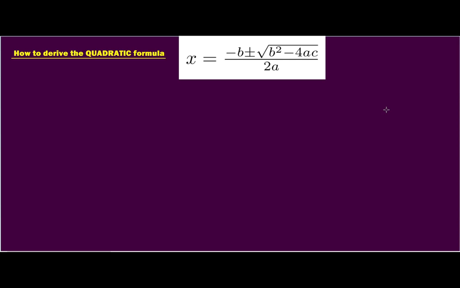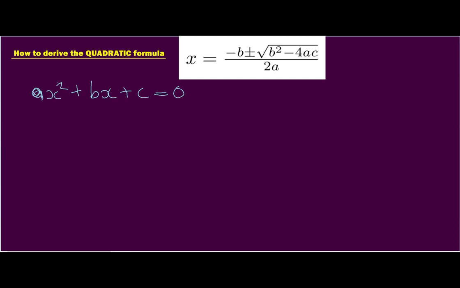And the quadratic equation states that ax squared plus bx plus c equals 0. So this is the quadratic equation.